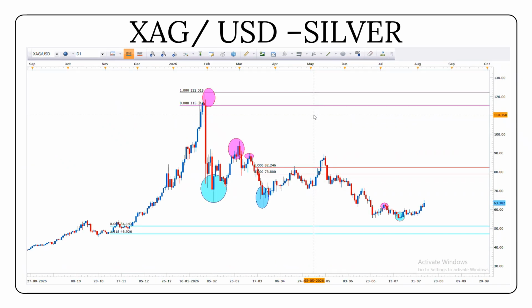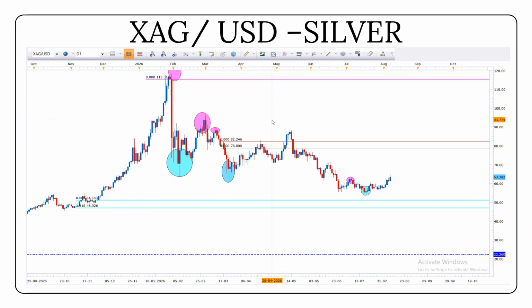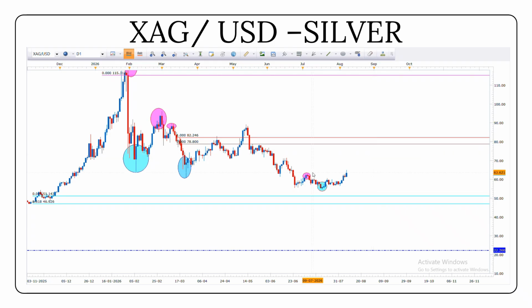The chart on our screen is the FXAG/USD, and we're looking at the daily chart. Silver, unlike gold, hasn't been as strong during last week, but it has managed to close above its supply zone between 63.07 and 61.41, which was the immediate supply zone above the recent demand zone that was formed in July this year.